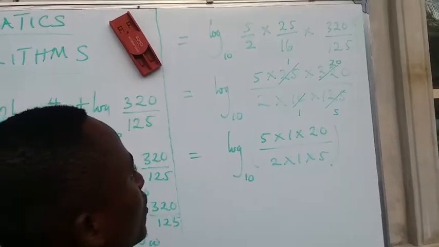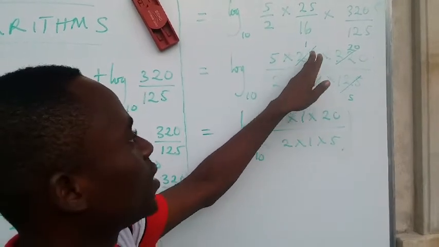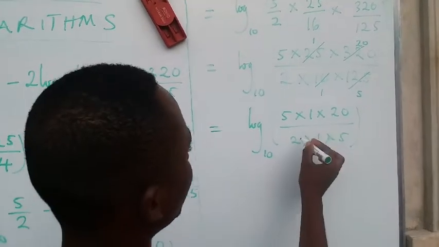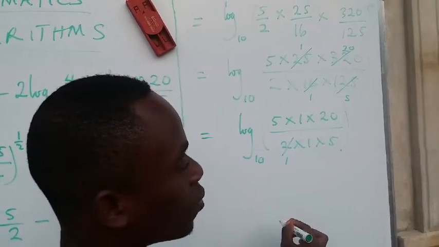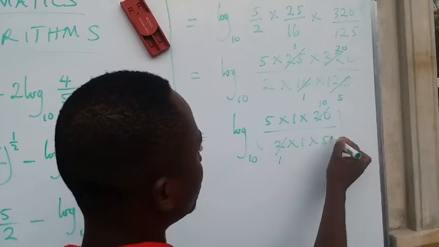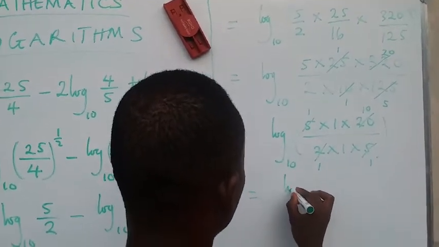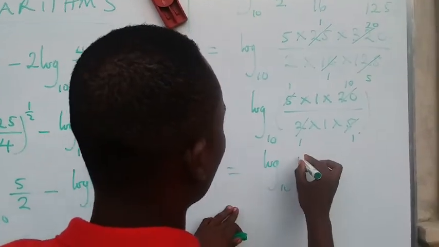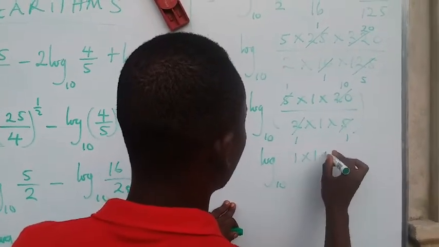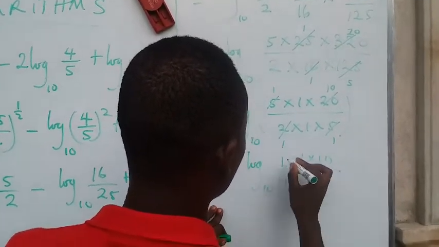So here again, because the numbers we are rewriting are the numbers that resulted from the division of each of the numbers by their common factors, we have 2 as a common factor, which we divide 2 once, and we divide 20 ten times. We also have 5 as a common factor, which we divide 5 once and divide this 5 in the numerator once. So that is going to give us log to base 10 of 1 multiplied by 1 multiplied by 10, all divided by 1 multiplied by 1 multiplied by 1.